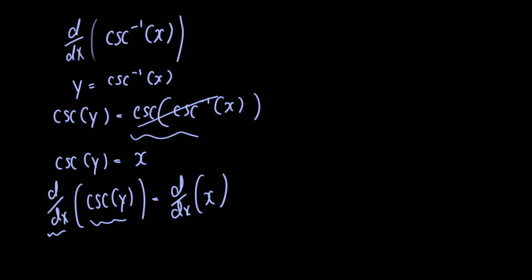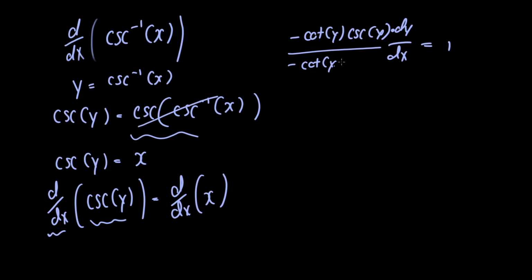So we're going to have minus cotangent of y multiplied by cosecant of y multiplied by dy over dx. And this is going to be equal to 1, as the derivative of x with respect to x is just 1. Now, let's divide both sides of this equation by minus cotangent of y times cosecant of y.